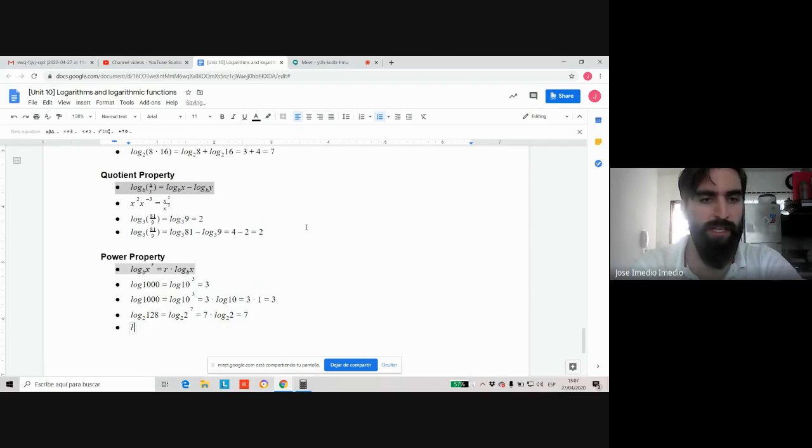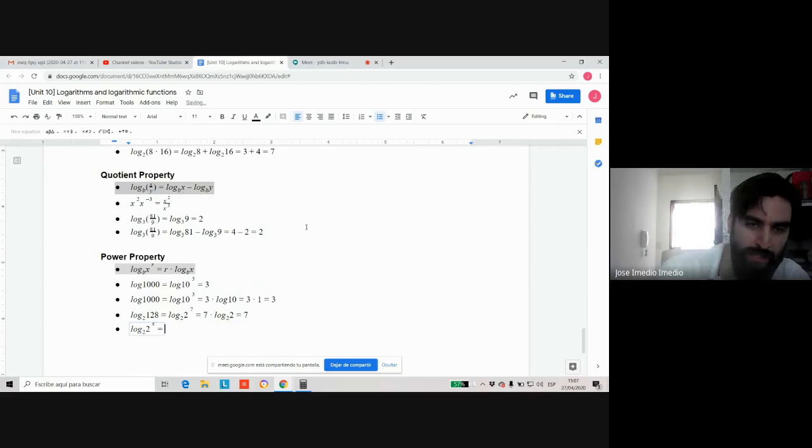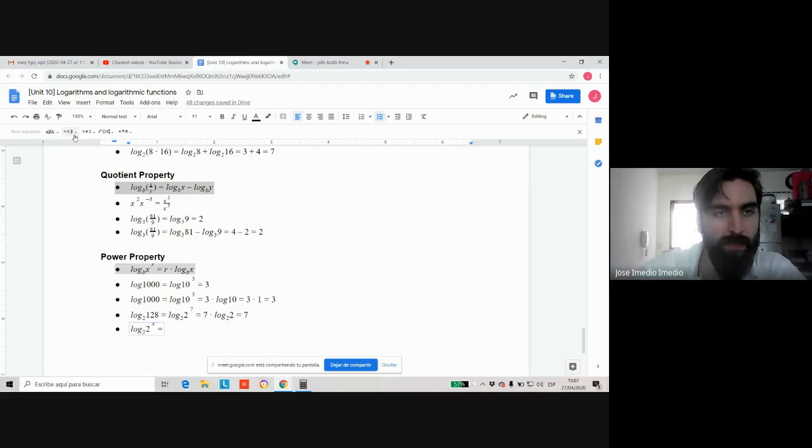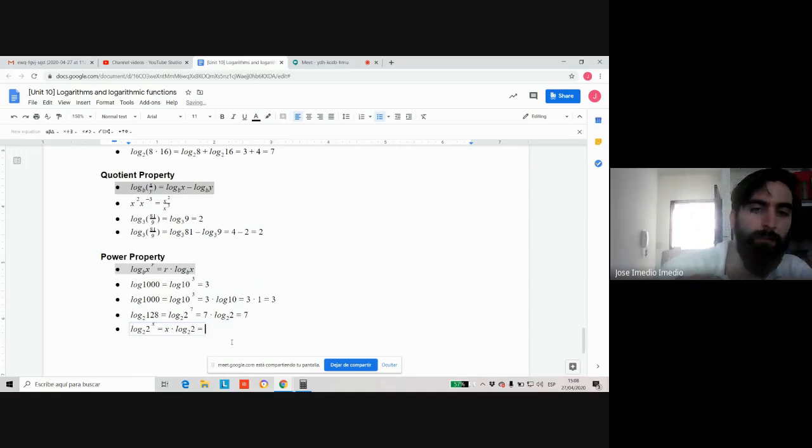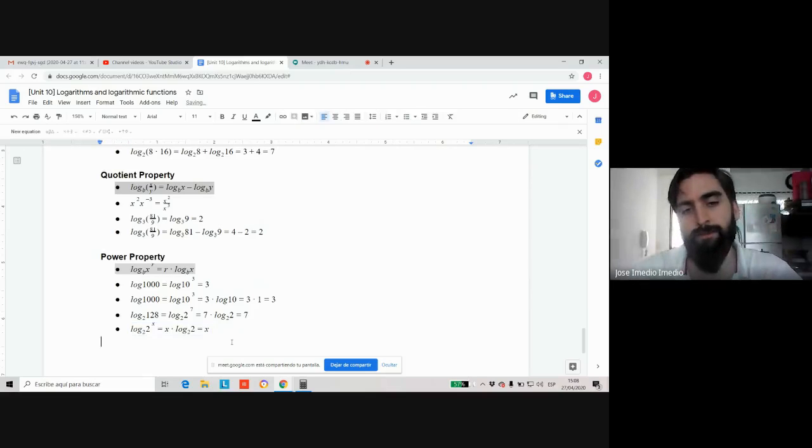In this case, this is the same as saying x times logarithm base 2 of 2, okay? And that's going to help me solve equations and everything. Okay, that's all with the power property.